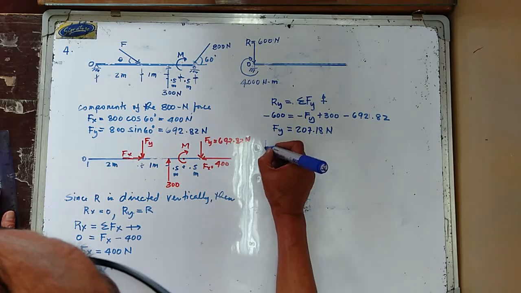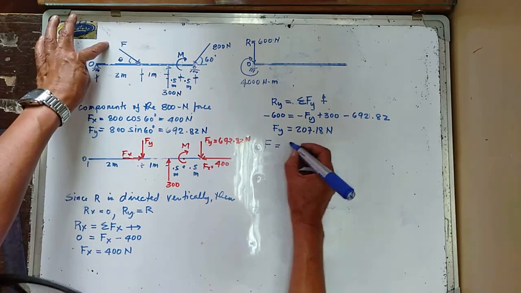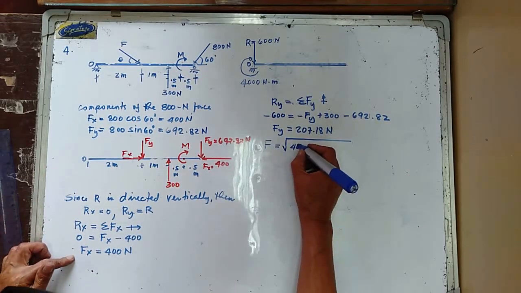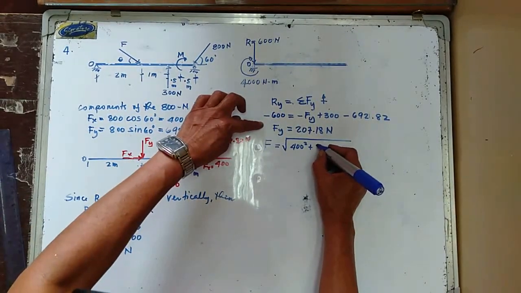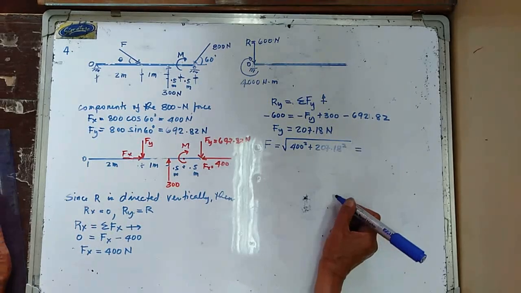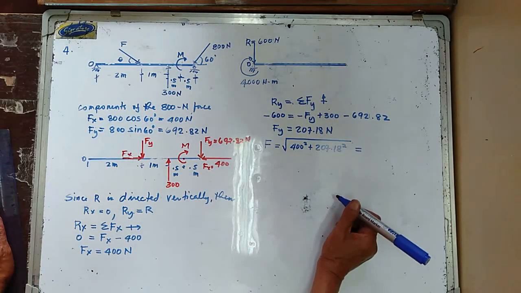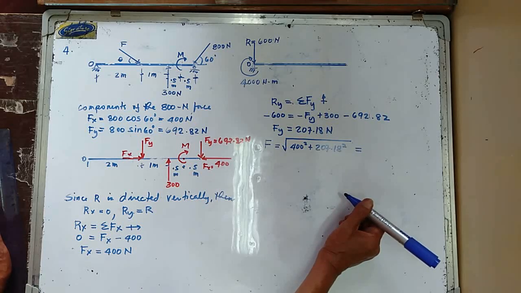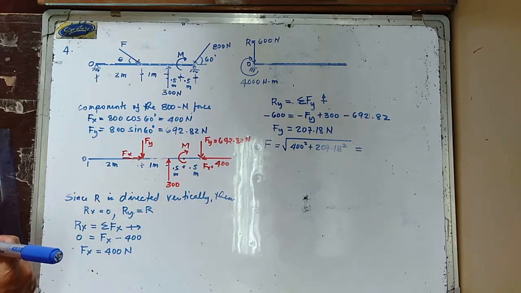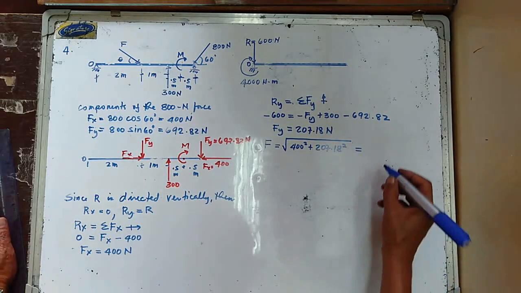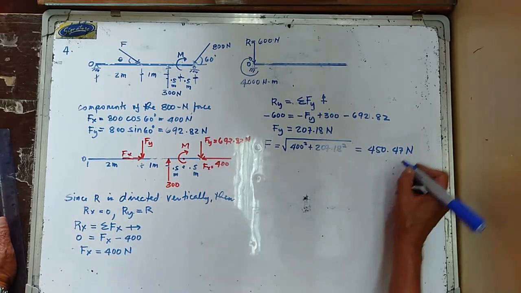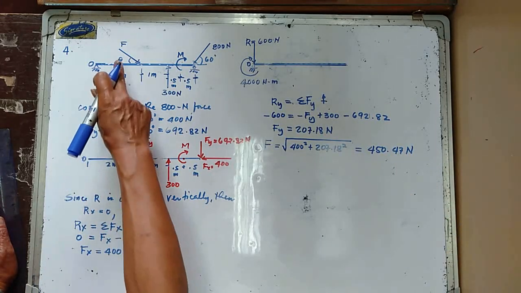And therefore, the value of F is equal to the square root of Fx squared plus Fy squared, and your F is now equal to 450.47 newtons. So that is the value of F.